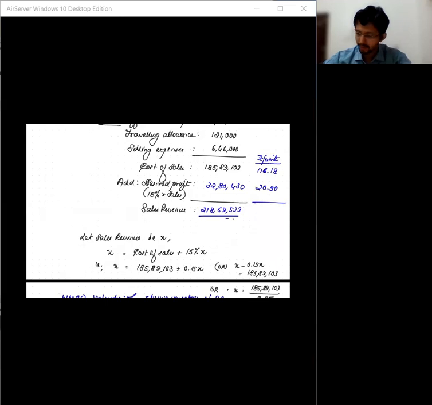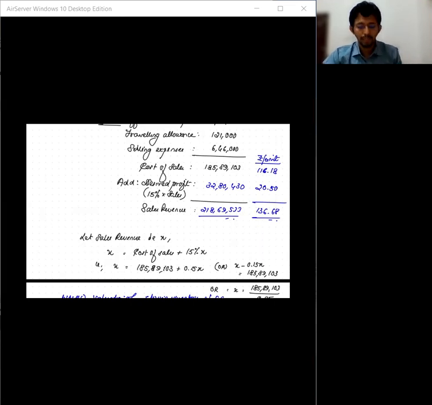So selling price per unit will be 218,69,533 divided by 1,60,000, that is 136.68 per unit.